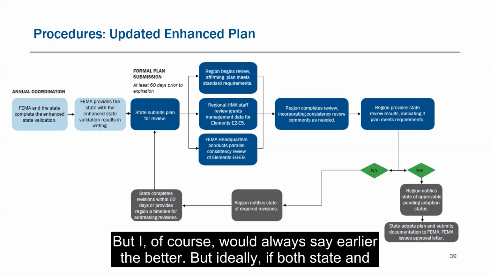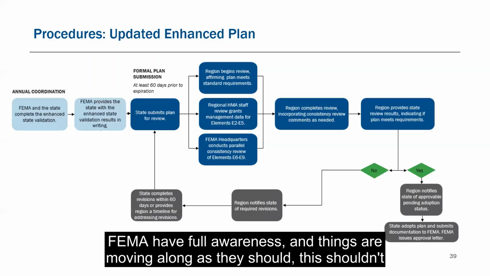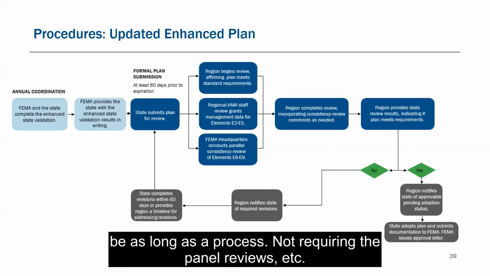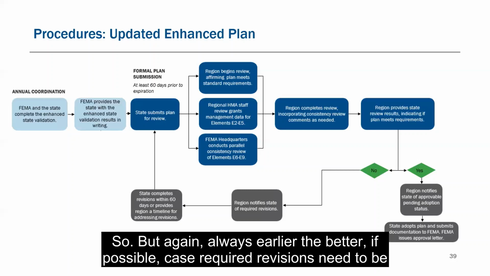But ideally, if both state and FEMA have full awareness and things are moving along as they should, this shouldn't be as long of a process, not requiring the panel reviews, etc. But again, always earlier the better if possible, in case required revisions need to be made.